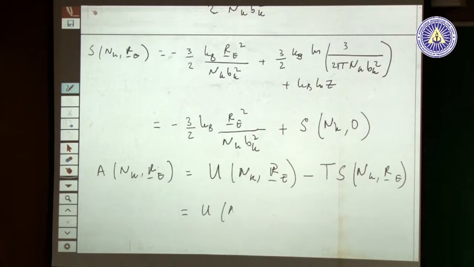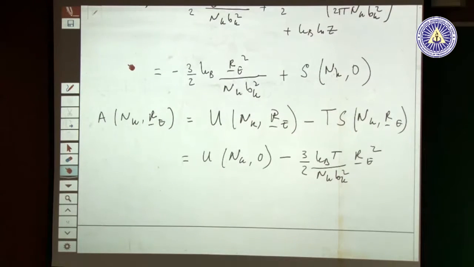So, we could just write that as U(NK, 0) minus, there are two terms here. So, this would be 3/2 kBT over NK bK squared times RE squared, right, and this term minus, oh sorry, this becomes plus because there is a minus and there is a minus here, and then this would be minus.